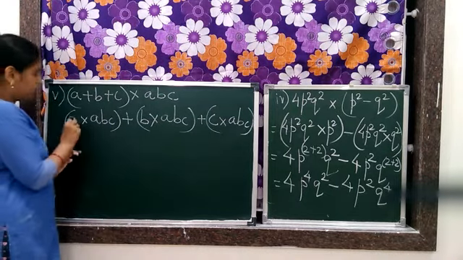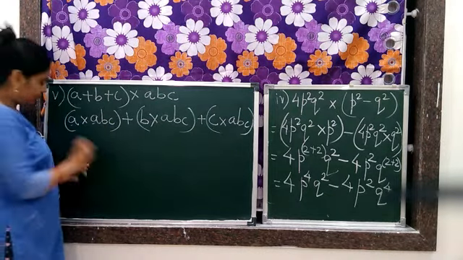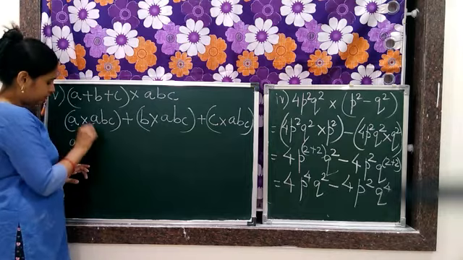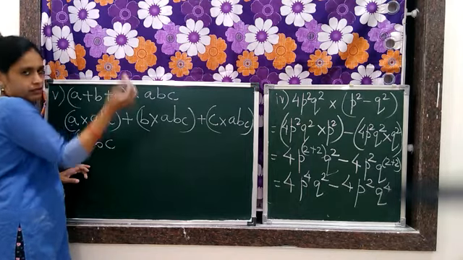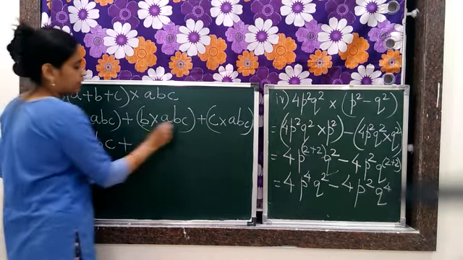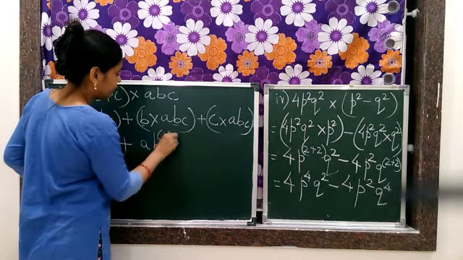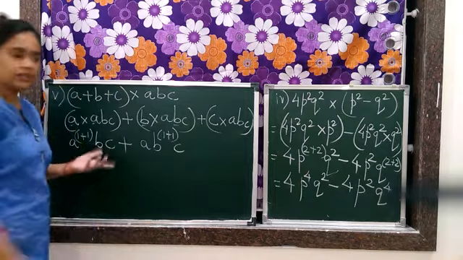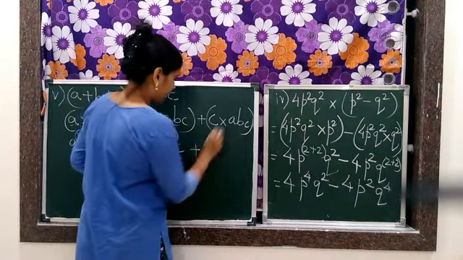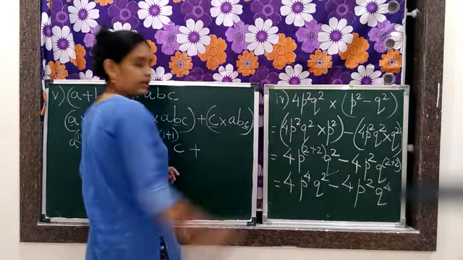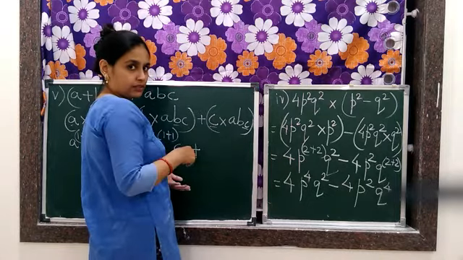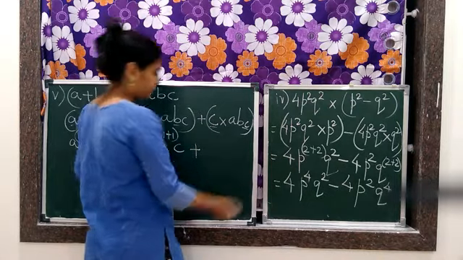Now here a is common, so powers of a will be added, and bc remains the same. b is common, so powers of b will be added, a and c remain the same. c is common, so powers of c will be added, a and b will remain the same.